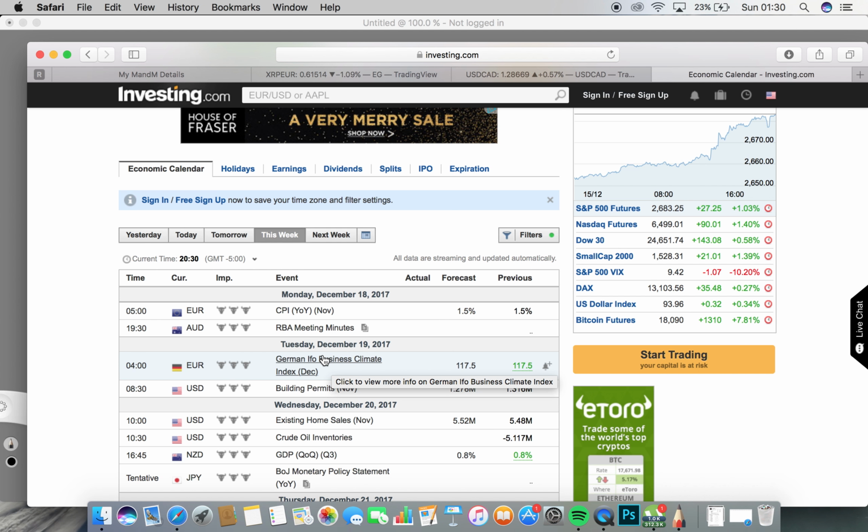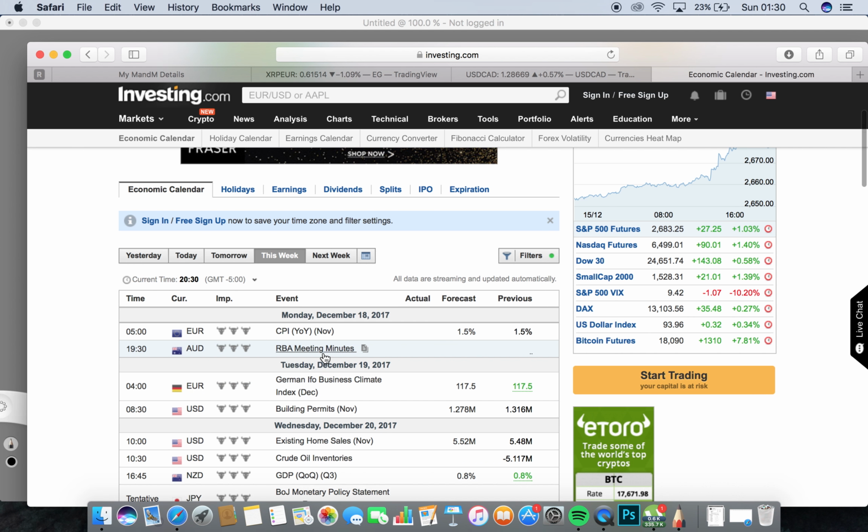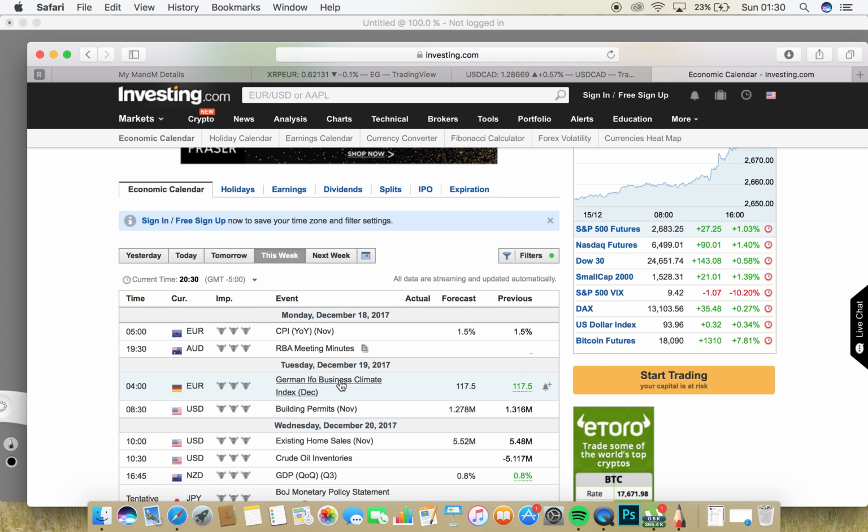This is obviously on the most important, but it doesn't mean much unless on the weekly outlook you see that if the IFO business climate is positive, this will mean good news for the euro. Then you know that this will be important. But if you don't see something like that, it's not that it's not important, but you don't have to pay too much attention to it.